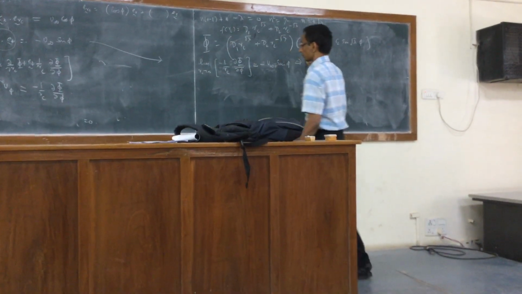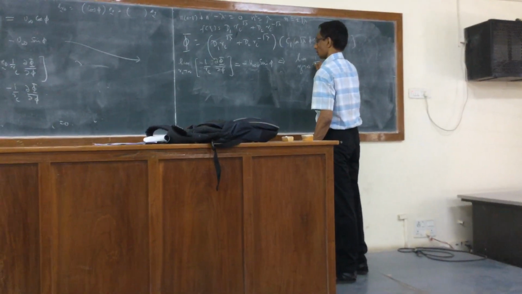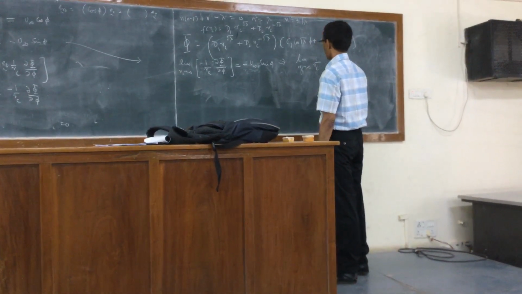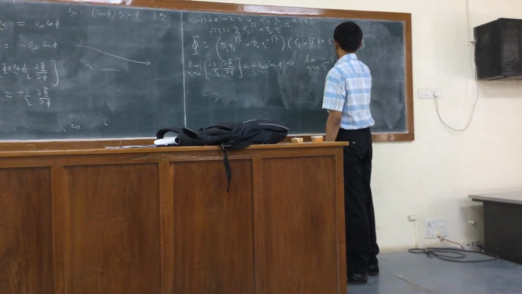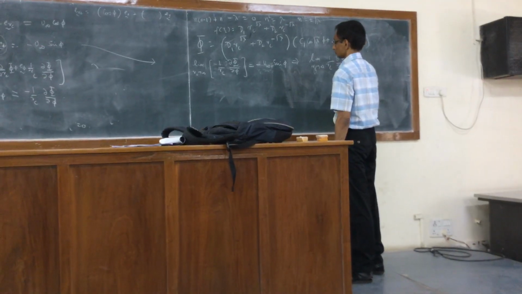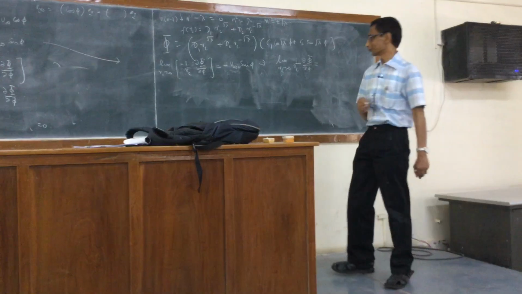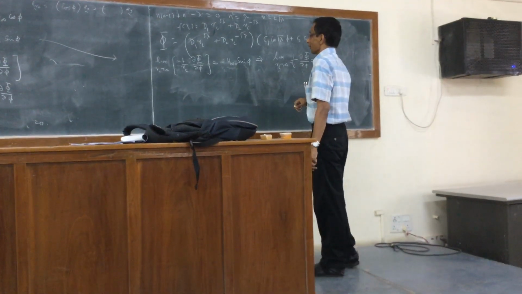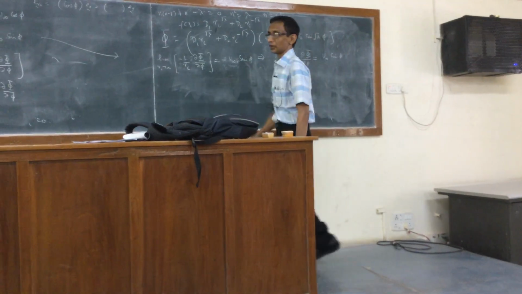So limit RC going to infinity of 1 over RC times the derivative of the potential with respect to phi equals B infinity sin phi.